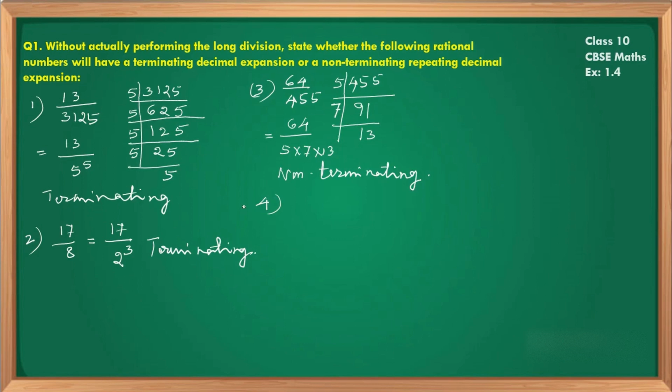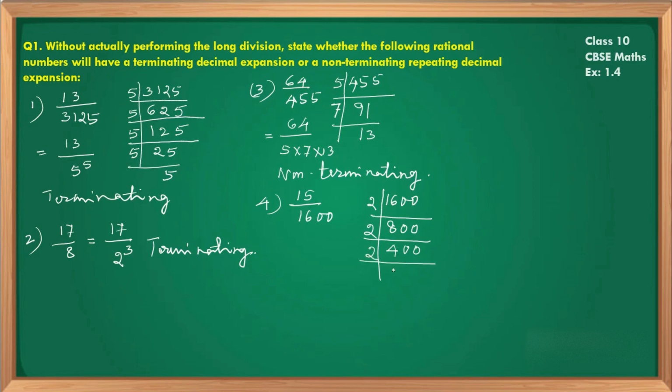Now go for the fourth question. Fourth question is 15 by 1600. Now let us factorize 1600. Let us divide 1600 by 2. 2 8s are 16, 2 zeros. Again by 2, 2 4s are 8 and 2 zeros.